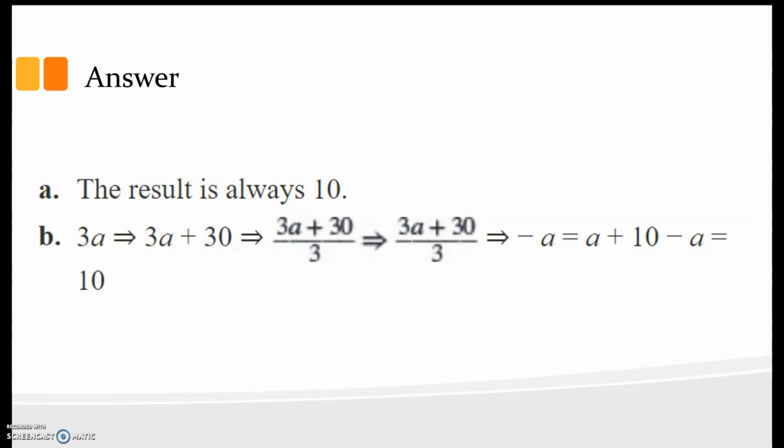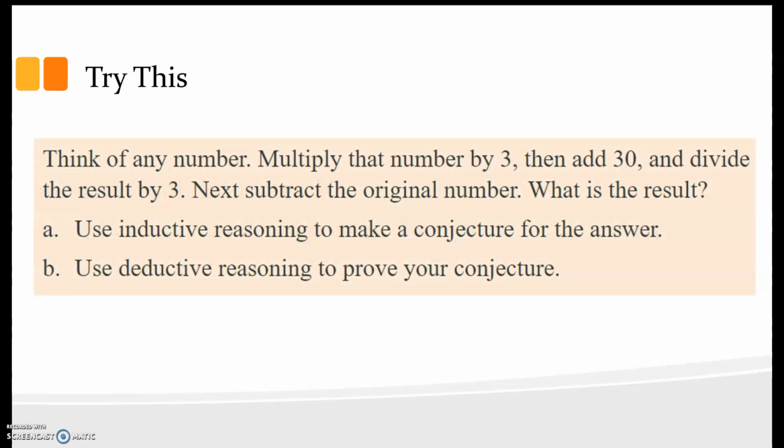And let me actually explain this last one here. So when you go back and look at this, by deductive reasoning, we're taking a general statement and looking at what happens given a certain situation or scenario.